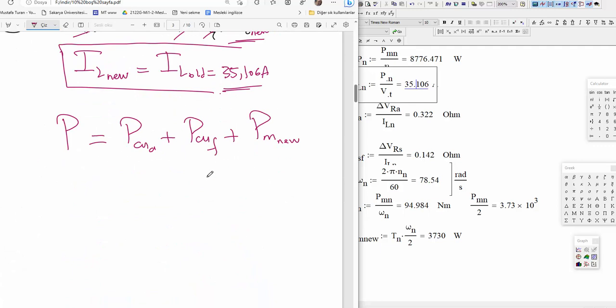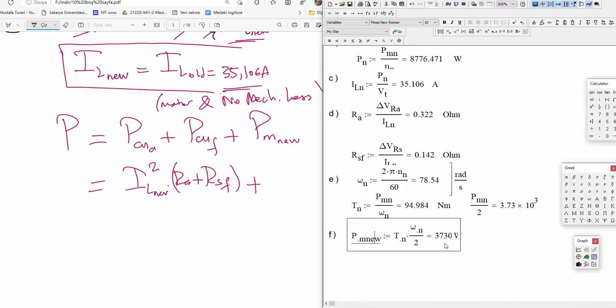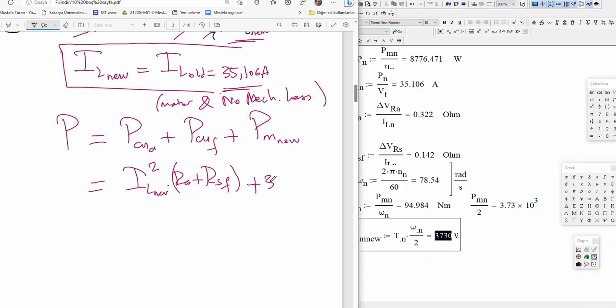That is motor and no mechanical losses. Okay, Houston, I load squared new value times Ra plus our serial field plus, I know this guy, 3730. That is the new output power.